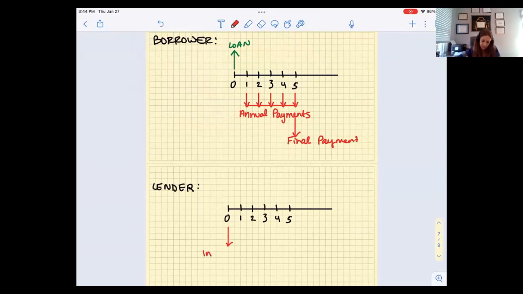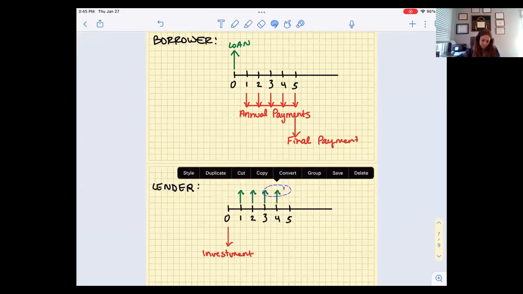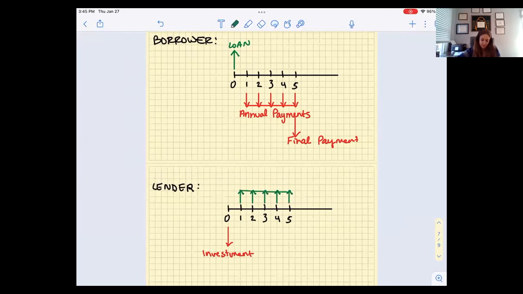And in their mind, they're calling this an investment. Then every time you're making your payments, they get that income. So in their perspective, they are making annual income.